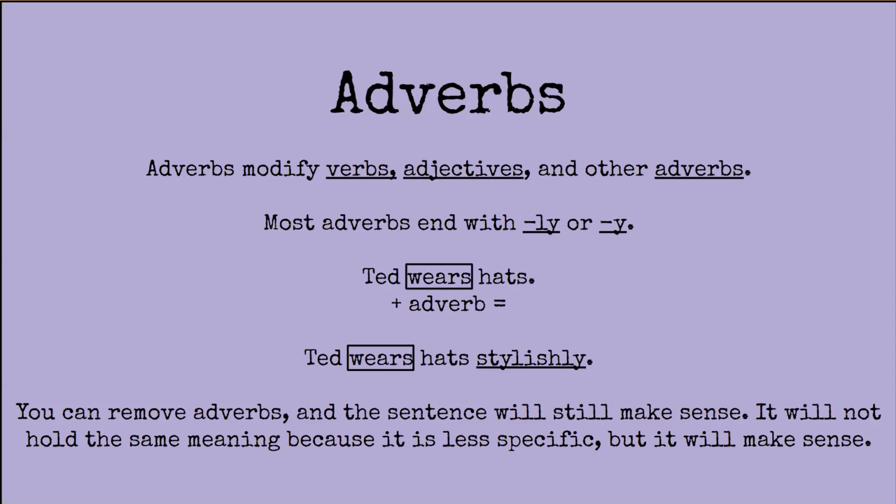Obviously, in this exercise, you're not going to identify other adverbs. I only pick sentences where they were modifying verbs. It's hard to find an adverb and then also find the adverb that it is modifying. So in this case, all you're looking for are adverbs that modify verbs and adjectives.